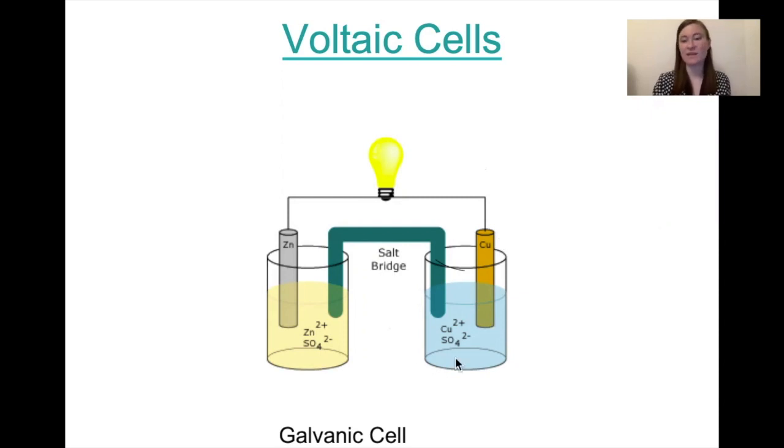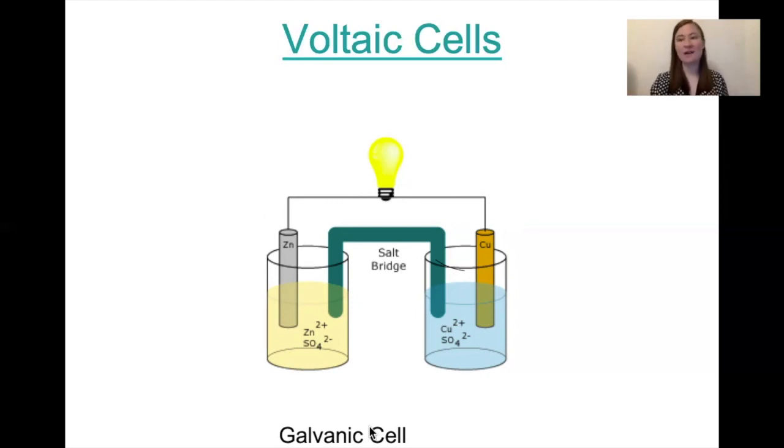We've got a copper strip in a copper solution. They're connected via a salt bridge, and then they're connected externally with a wire. So if this was a battery, this portion right here would all be inside the battery, and then this wire and the light bulb is what's outside of the battery.